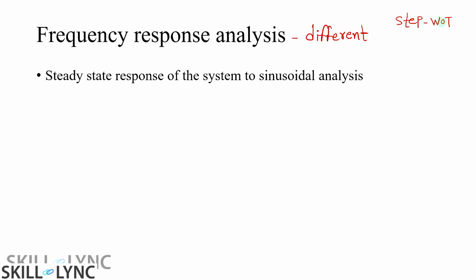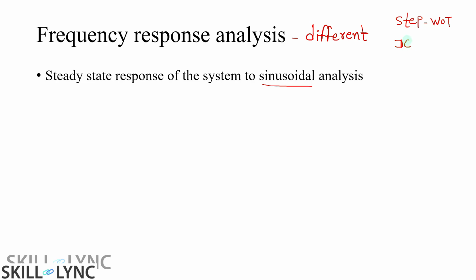When we considered step input, we actually considered this to be equivalent to wide open throttle speed reference, right? So the step response or the step change in the speed is equivalent to wide open throttle in case of electric or hybrid electric vehicle terminologies. Similarly, when we say the high frequency, we are going to consider the sinusoidal analysis. So we are going to apply now other than DC functions.